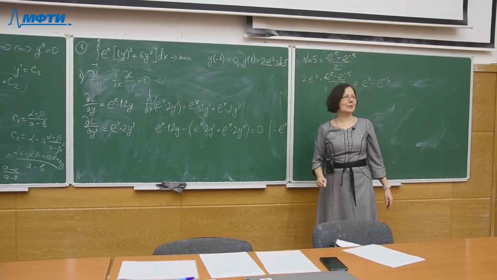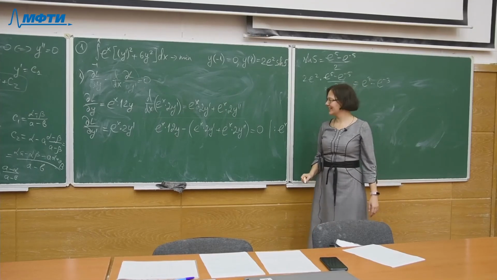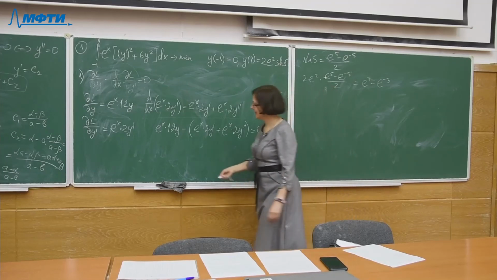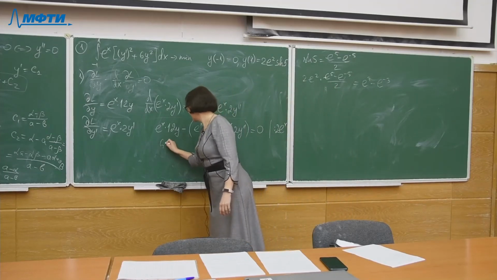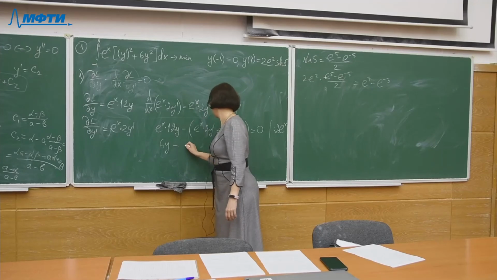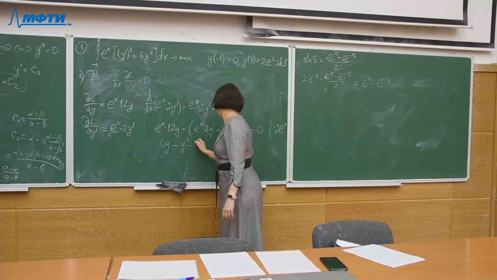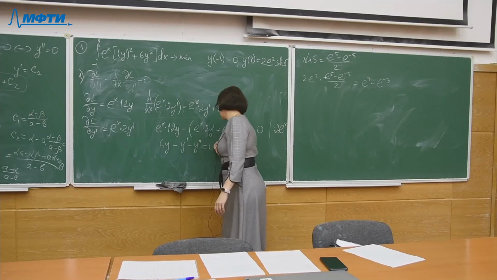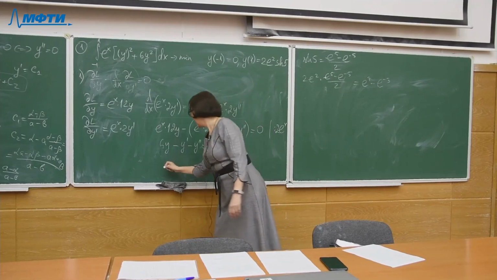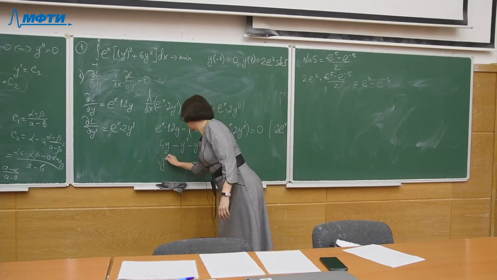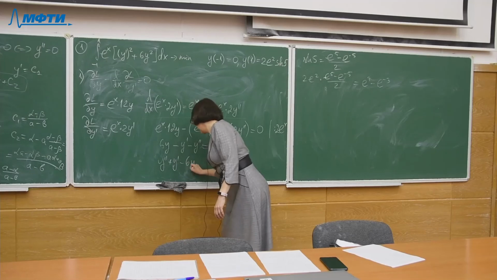This is the common factor, and by 2. We will get 6y minus y prime minus y double prime equals 0. Next we try to solve this differential equation: y double prime plus y prime minus 6y equals 0.